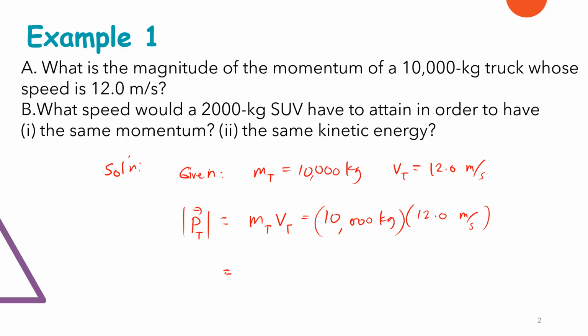So therefore, the magnitude of the momentum is equal to 1.20 times 10 to the 5 kilograms meter per second. So this will be the magnitude of the momentum of a 10,000 kilogram truck whose speed is 12.0 meters per second. Now, how about for letter B?